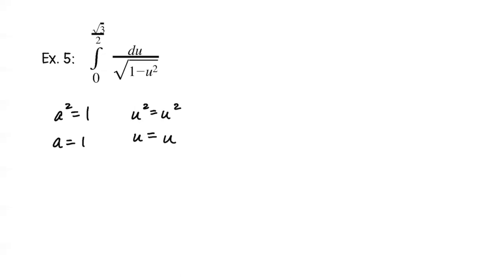And that means that this integral is going to be our inverse sine of u over 1. There's a denominator of 1 because a is 1, but since we're dividing by 1, I'm just going to write it as a whole number and not a fraction. Then I have to plug in the √3 over 2 and the 0, okay?